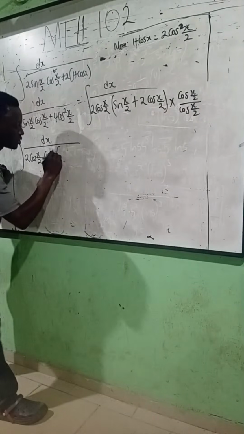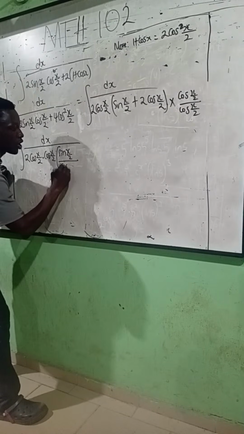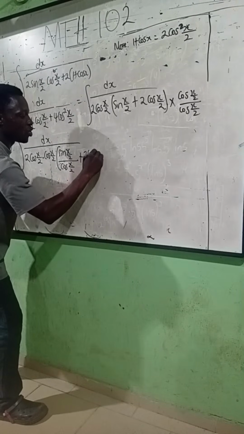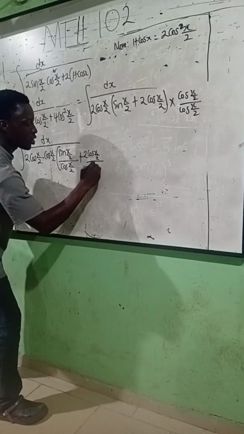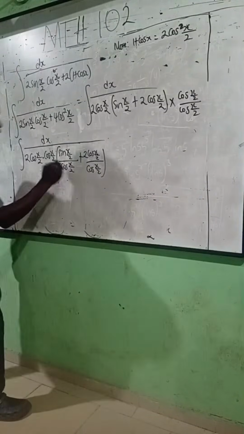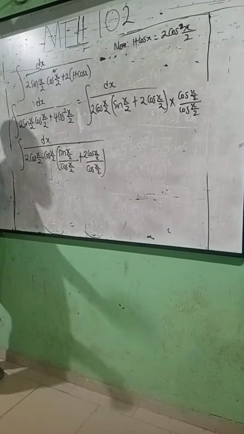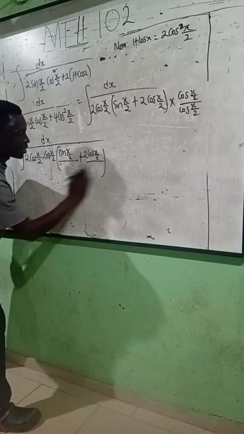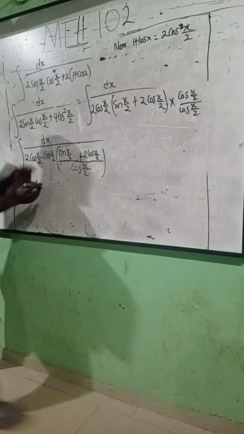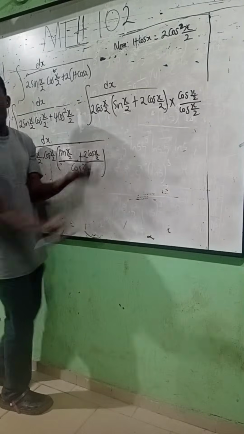This one I want to bring to this denominator: sin x over 2 divided by cos x over 2, plus 2 cos x over 2 divided by cos x over 2. Do we get it? If I say over just 1, I can still split it. This is what I did here: everything over cos x over 2. If I want to remove these 2 back again, they can come here and become cos x over 2 divided by cos x over 2.